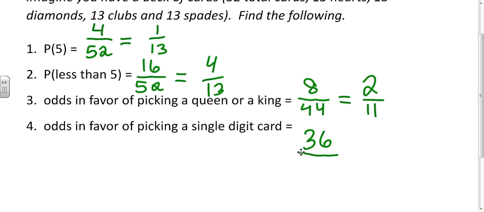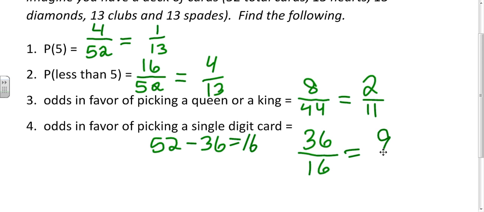So that's going to be 36, and then 16 are not a single digit card. The way I got that 16 again is there are 52 total cards, and I subtracted the number that are single digit cards, and that's how I got that 16. I want to reduce this. 4 goes into both of these. This is going to be 9/4. And that's how we work with probability.